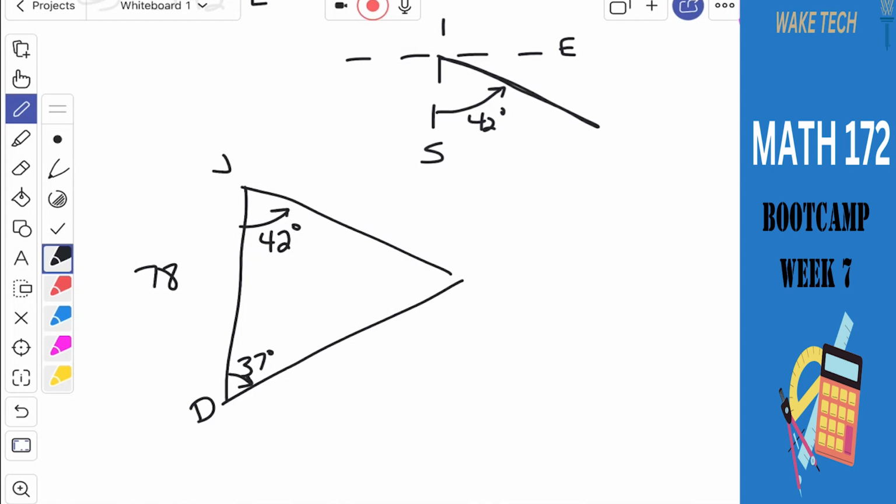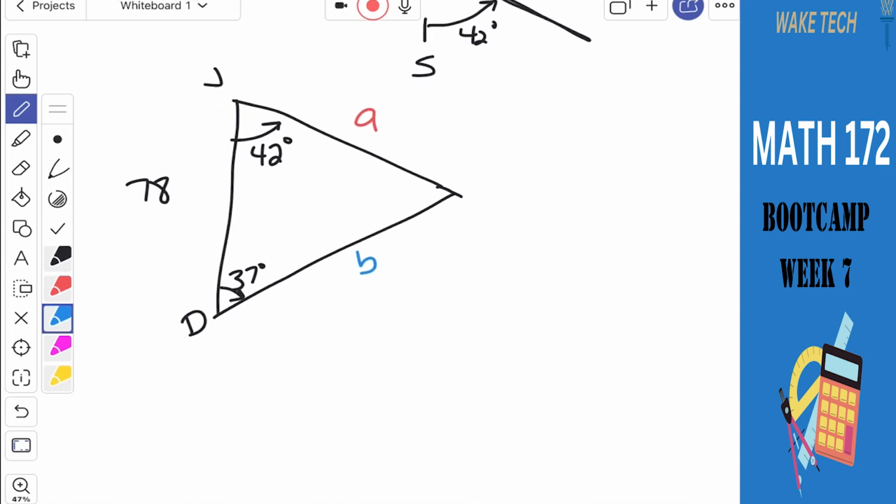Our task is to figure out how far from each of these folks the ball lands. So we need to find side A and side B, which is what I'm labeling here.